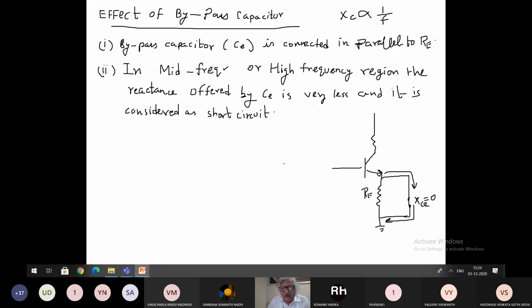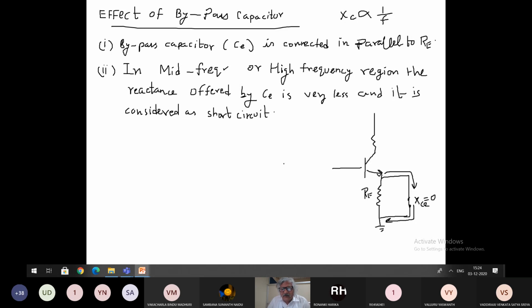So what is the voltage drop across a short circuit? Voltage is 0, sir. So there is no voltage drop.